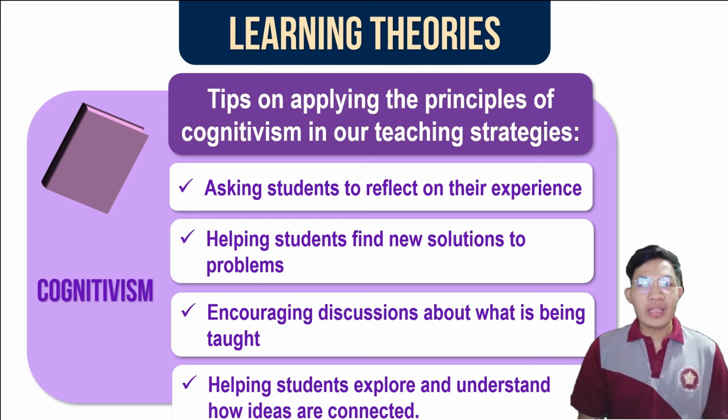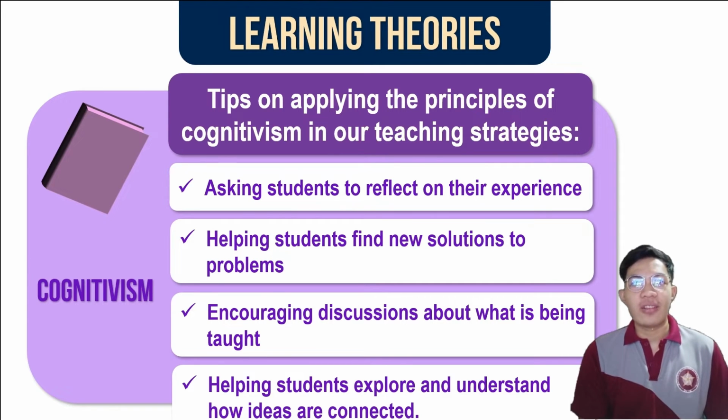So let's see how we can apply the principles of cognitivism in our teaching strategies. The first one is asking students to reflect on their experience. The second one, helping students to find solutions to problems. The third one, encouraging discussions about what is being taught.